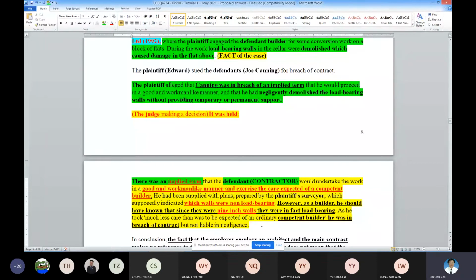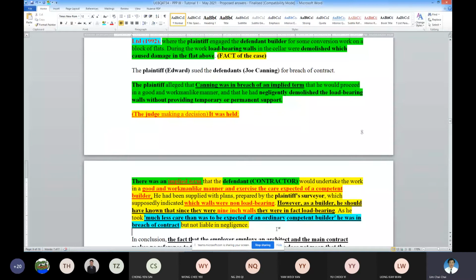If you know that it is 9-inch and load bearing and you simply go and demolish it, then the builder does not exercise the skill and care required of a competent builder, and therefore the contractor is in breach of the contract. So this is how the judge applied it.